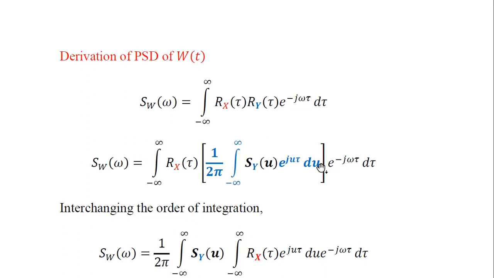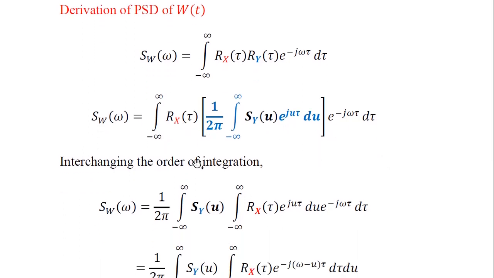So this is equal to 1 by 2 pi integration from minus to plus infinity of Sy of u multiplied by e to the power of j u tau du. The entire term within the square brackets belongs to Ry, the autocorrelation function of the second random process y, multiplied by the remaining term e to the power of minus j omega tau.